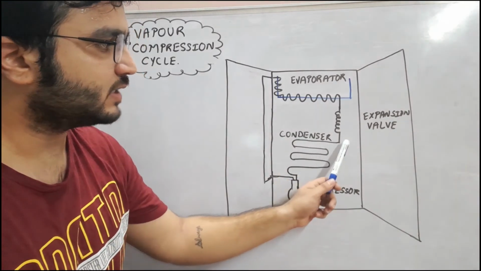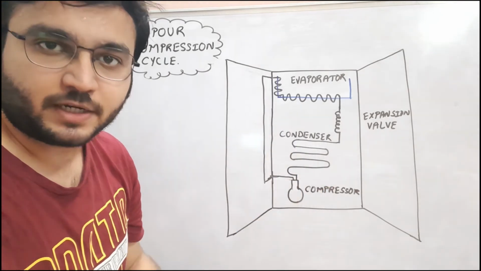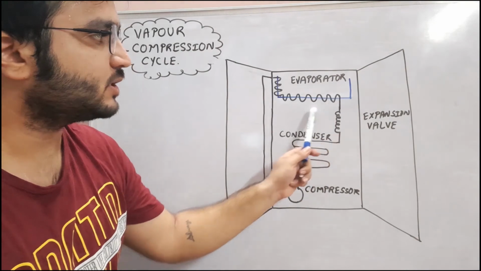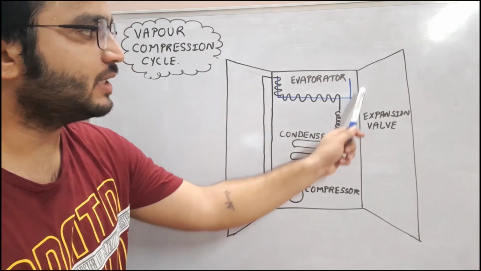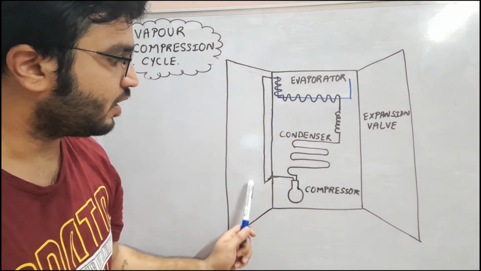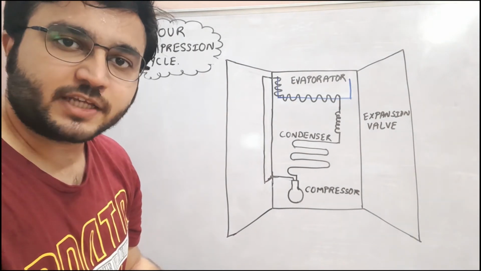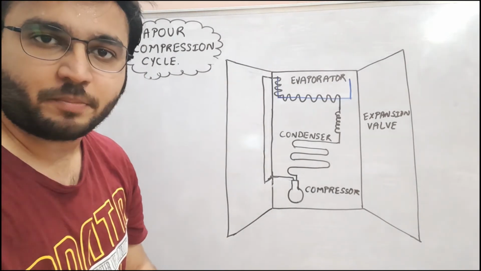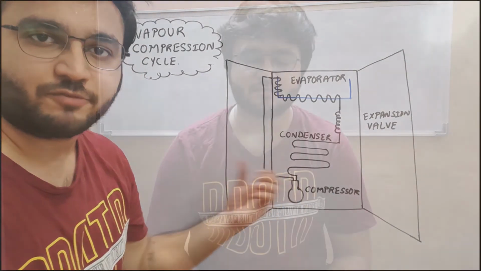Then after the condenser there will be the expansion valve, which is also called the capillary tube. After the capillary tube come the evaporator coils, which will be circulated in the chiller section of the refrigerator and throughout all the other body of the refrigerator. And after the evaporator coils, the refrigerant will be again supplied back to the compressor. So this is how the components are arranged inside the refrigerator.